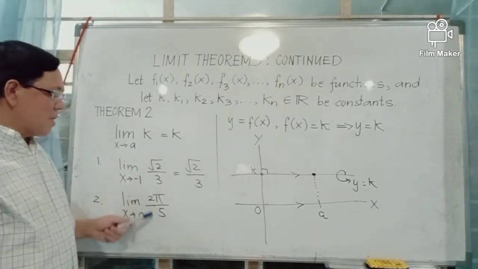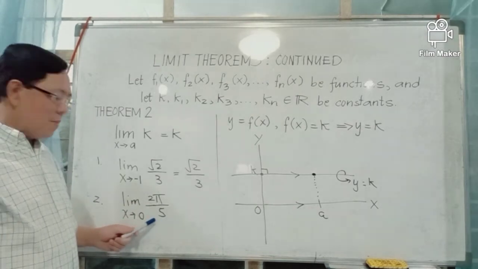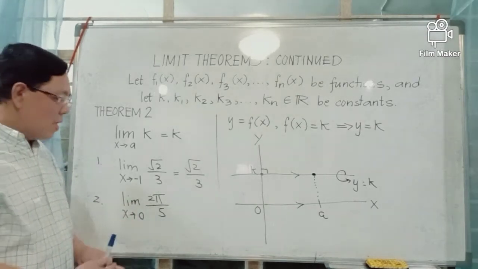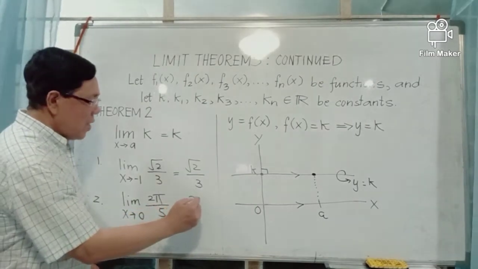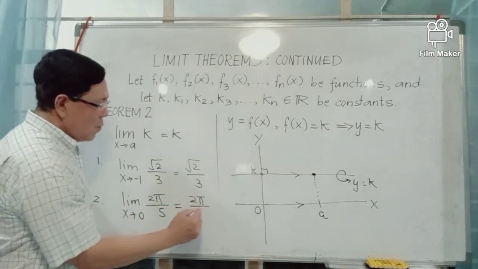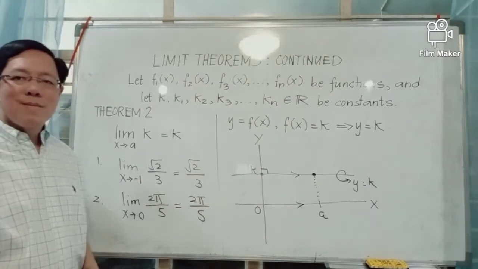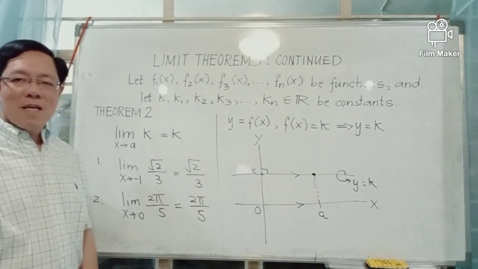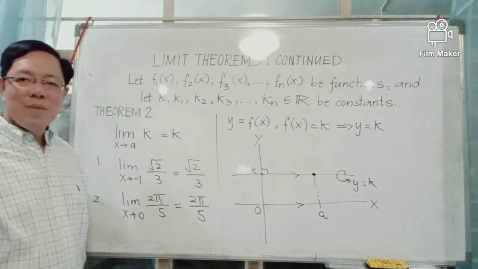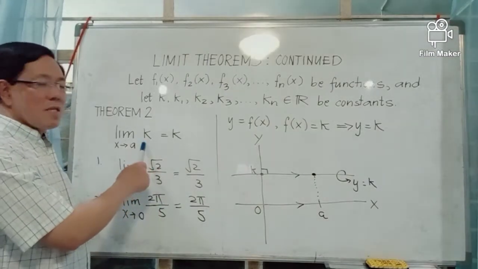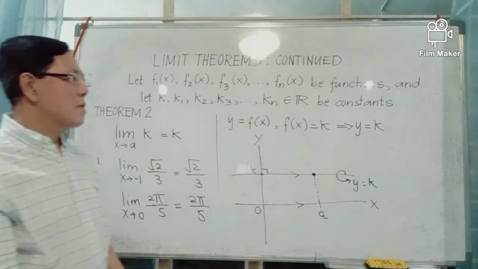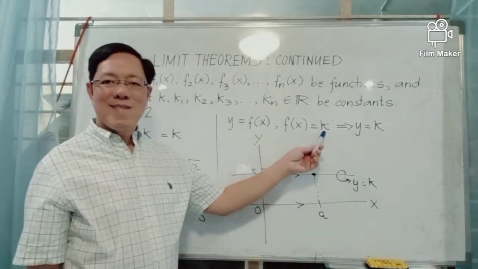Thus, the limit of this constant, 2 pi over 5, as x approaches 0, is equal to this constant, 2 pi over 5. That's the second limit theorem on the limit of a function, where our function is a constant function k.